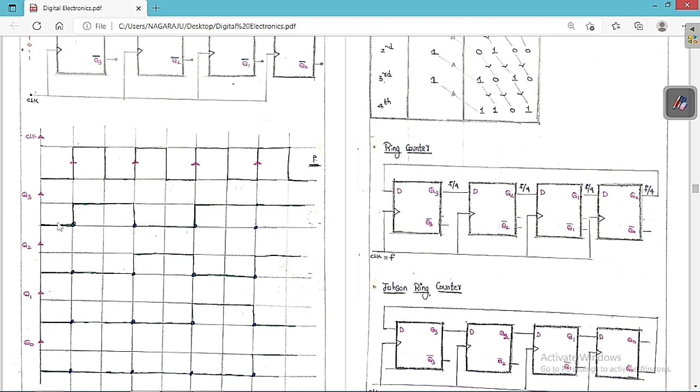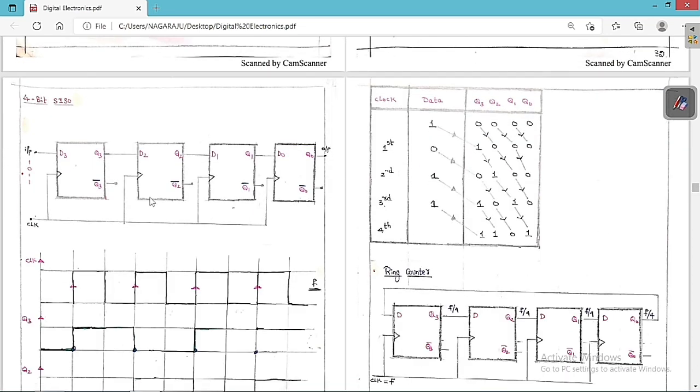So listen carefully: 0, 0, 0, 0, 1, 0, 0, 0, 0, 1, 0, 0, 1, 0, 1, 0, 1, 1, 0, 1. We are going to get in this format. So this is the clock that we are going to get for each and every triggering pulse.